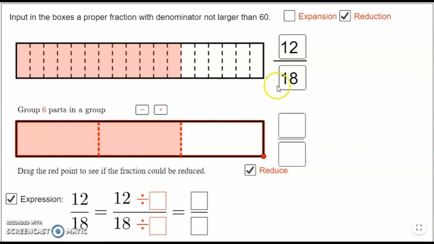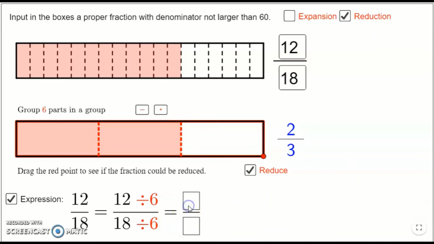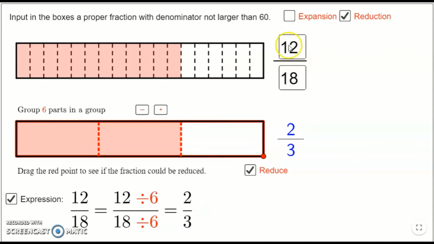6 will divide into 18 and 12, and we can see we're going to get the most simple version of 12/18 by doing this. We have 2 groups on the top and 3 groups on the bottom, so this is 2/3, and we could find this by dividing top and bottom by the largest number that will divide into both 12 and 18.